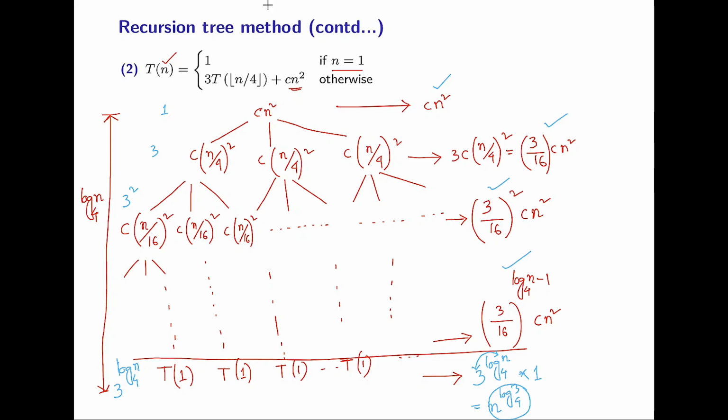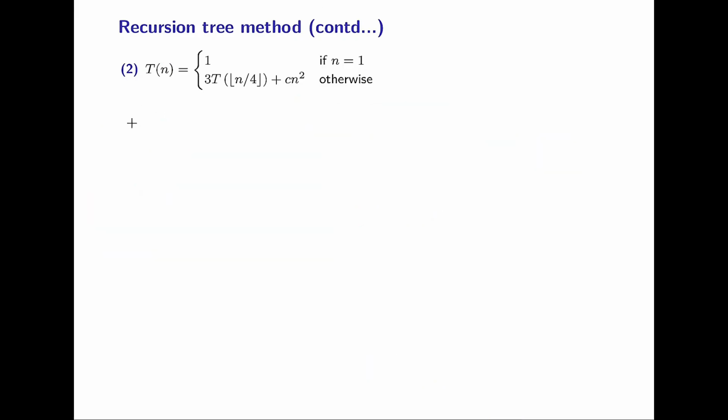Okay, so here the cost will be Cn square plus 3 by 16 Cn square plus 3 by 16 square Cn square.